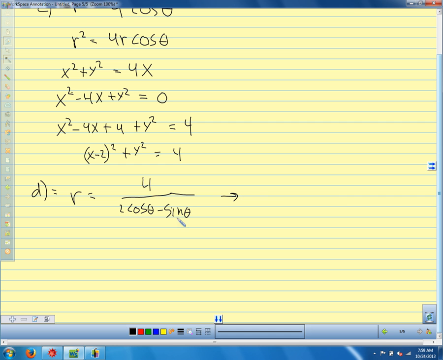Let's clear that fraction. So I get r times (2 cosine theta minus sine theta) equals 4. Distribute the r, so when I distribute the r, what do I get here? And then let's do the conversion as we distribute. So 2x minus y equals 4. So we get a line, 2x minus y equals 4.